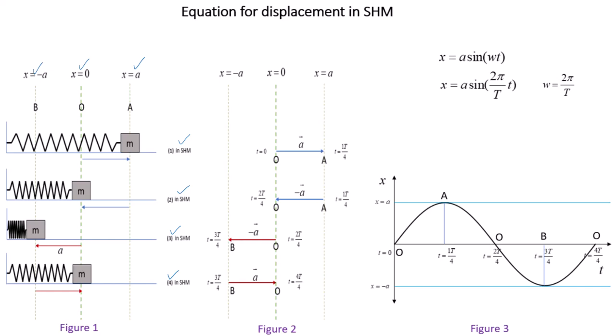Also, each part of the motion will take 1/4 of the period. So O to A, then A to O, then O to B, and then B to O. Each of them will take time equal to T by 4.